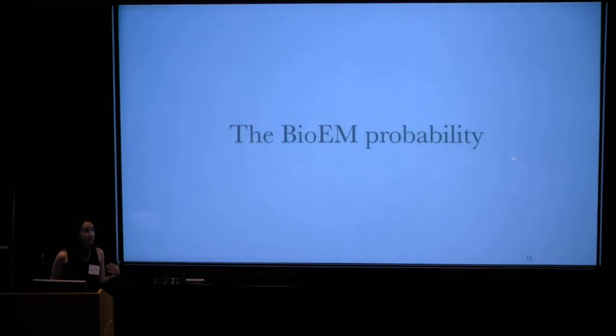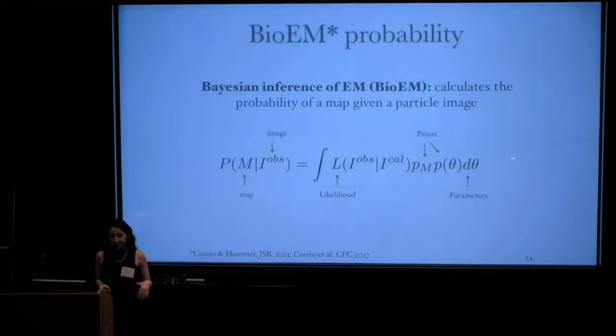So first I want to talk to you about the BYN probability. So this is a work that we've been developing with Gerhard Hummer at the NIH and at the Max Planck Institute. And the idea is to use Bayesian analysis. So it's Bayesian inference of electron microscopy. And basically, it's to calculate the probability of a map given a particle image.